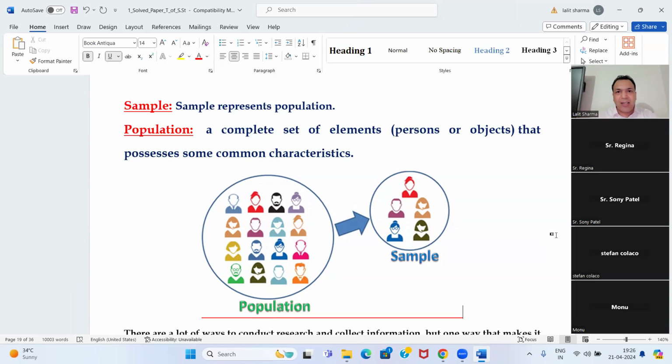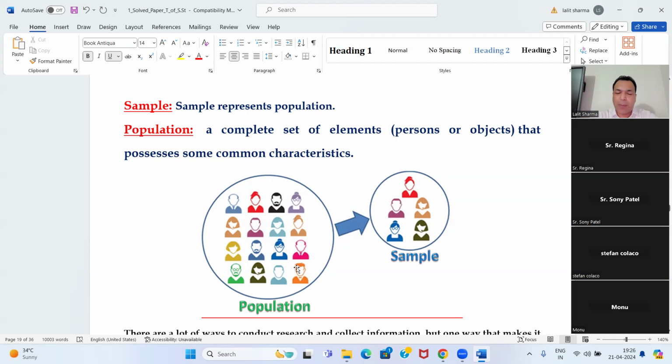If your result is positive, 90% students having the knowledge of ICT, then you can say that in Ludhiana district, 9th or 10th class convent school students have knowledge of ICT. Right? So now you have come to know about sample and population.